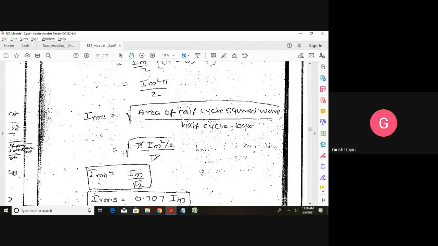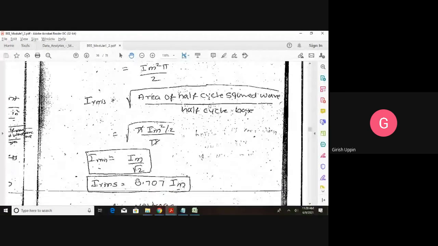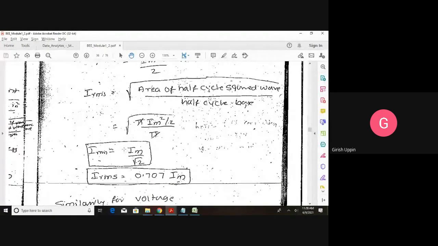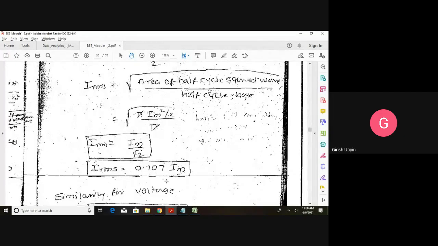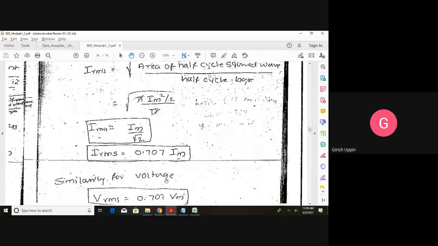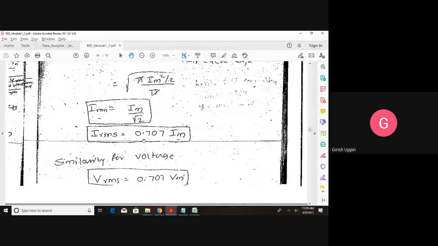The square root of Im square divided by 2 gives Irms equal to Im divided by root 2, or 1 by root 2 is 0.707. Therefore the RMS value of an alternating current is 0.707 times the peak value.